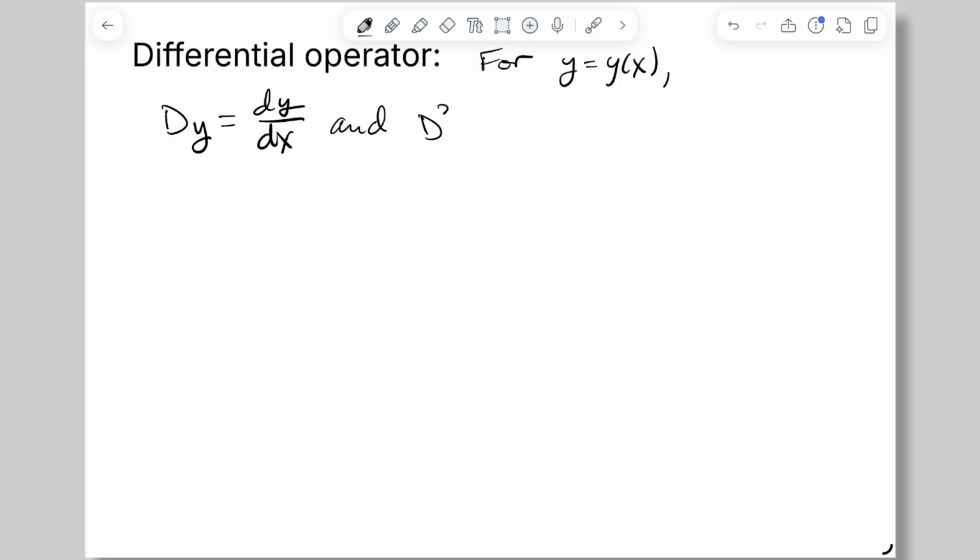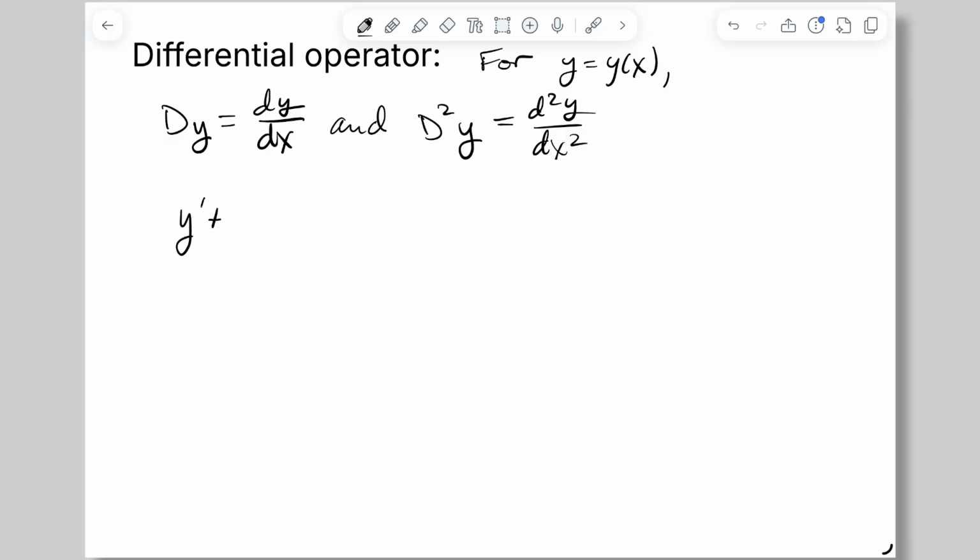And D2y, it looks like a D squared, but it's D2, is d2y/dx2, the second derivative. So this uppercase D is just a differential operator that represents a derivative of a function.